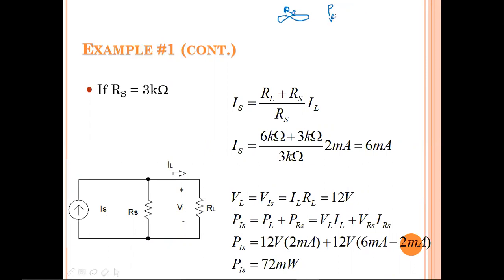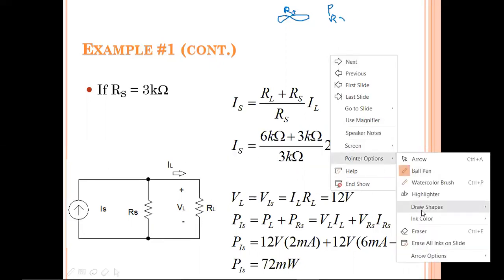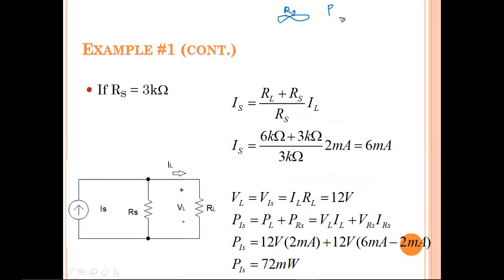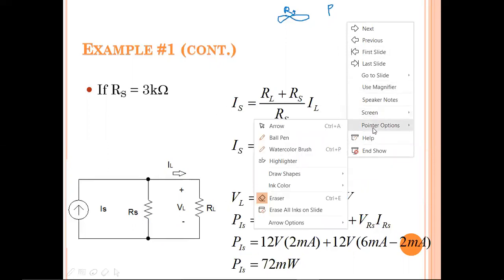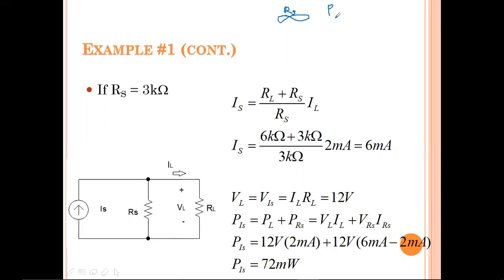Power of RS is not mandatory, so let me add the power of the source, and the IS and IL.